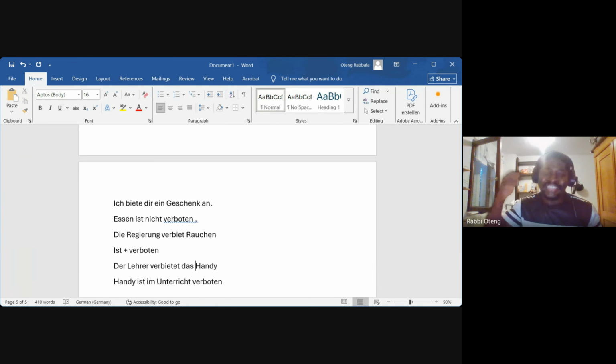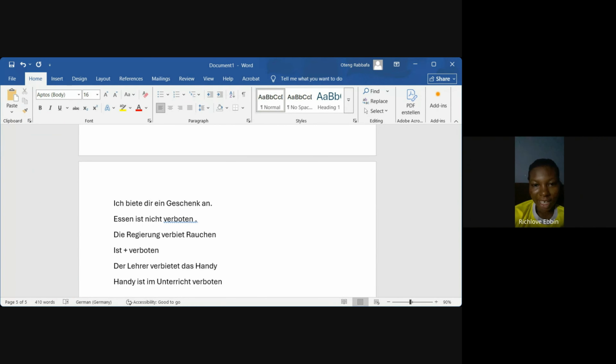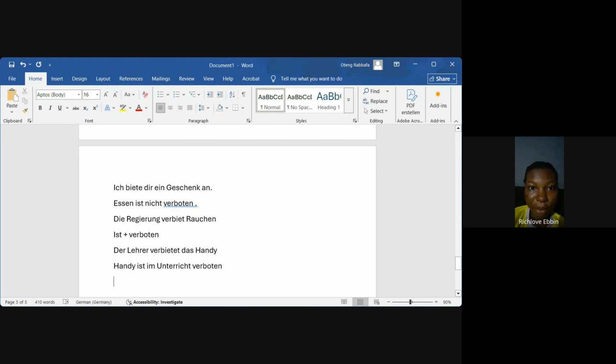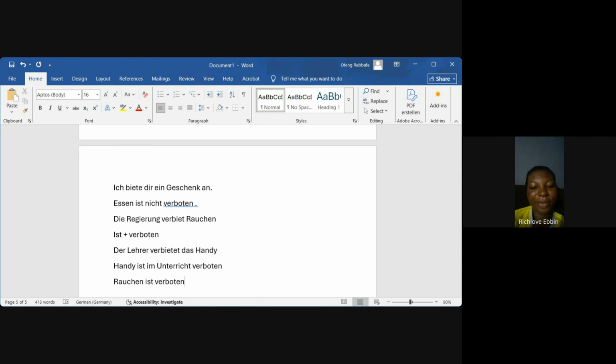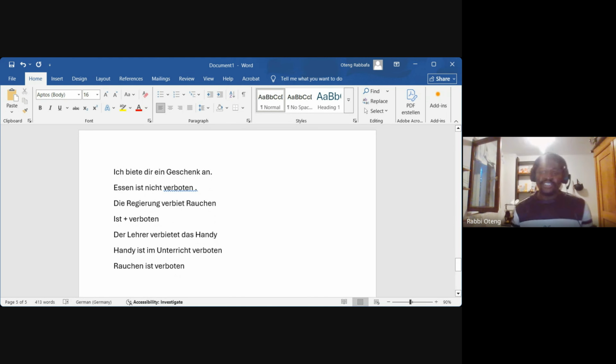Normally, something that is already banned, we use verboten. They say smoking is prohibited, so that means Rauchen ist verboten. You can just use the activity is verboten.